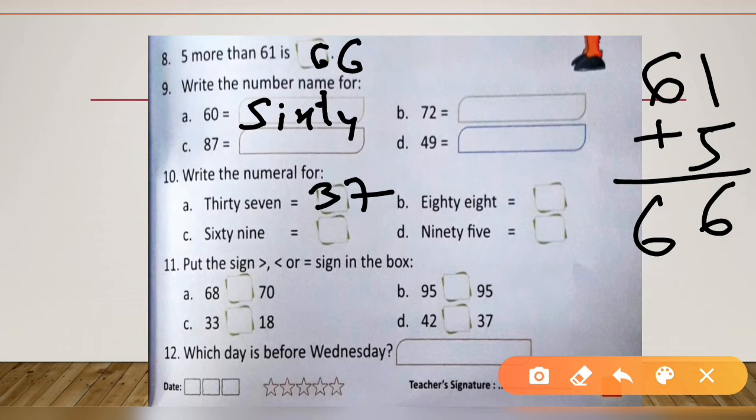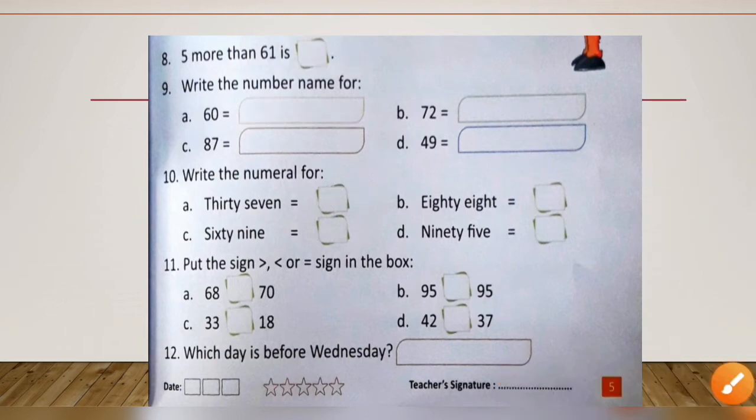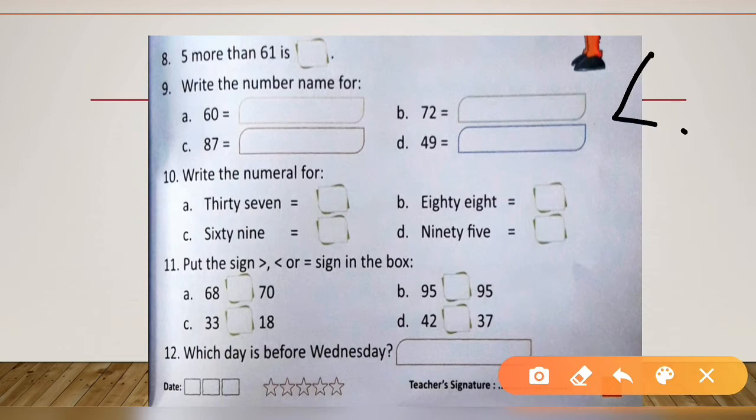Number 11. Put the sign greater than, less than or equal in the box. Here, children, you have to learn about this sign, this, this and this.